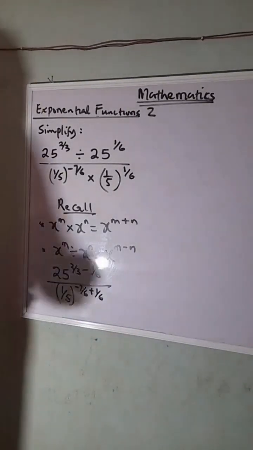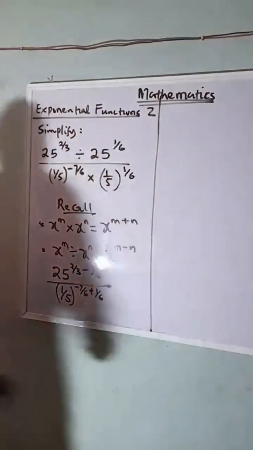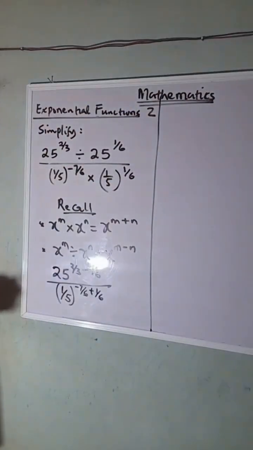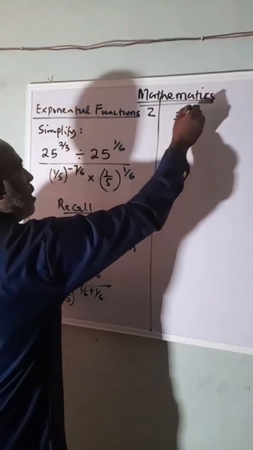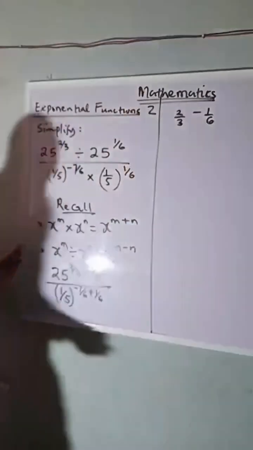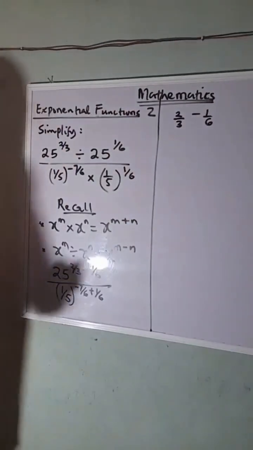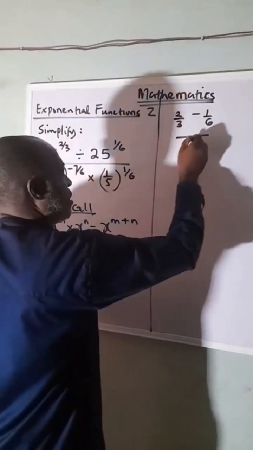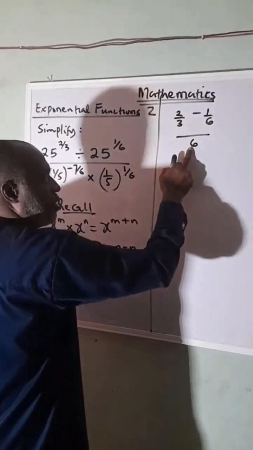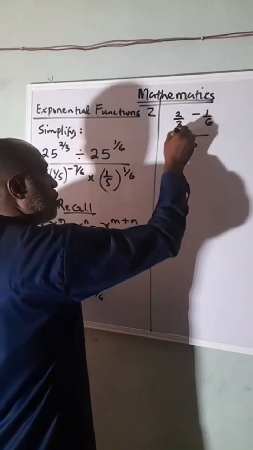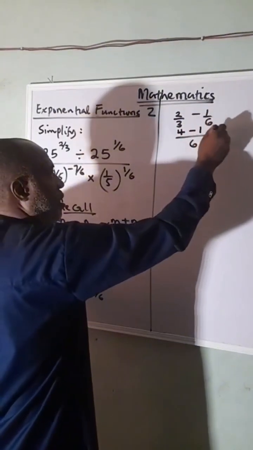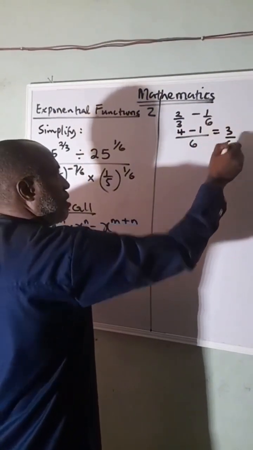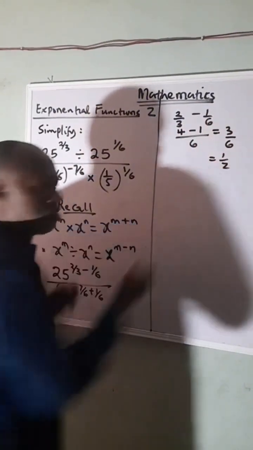If you take your time to work out that power, it simply means 2 over 3 minus 1 over 6 for the numerator. The LCM here is 6. 3 in 6 is 2, 2 times 2 is 4. 6 in 6 is 1, 1 times 1 is 1. And you're having 3 over 6, which will give us 1 over 2.